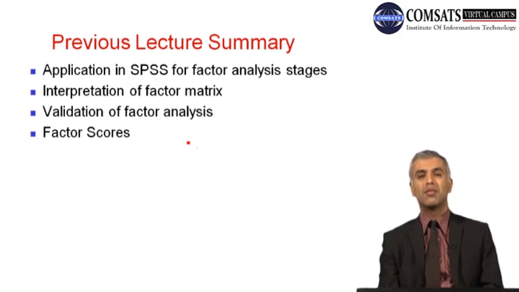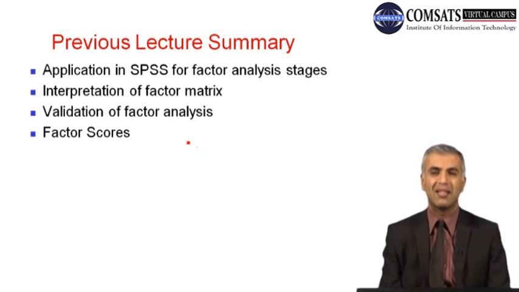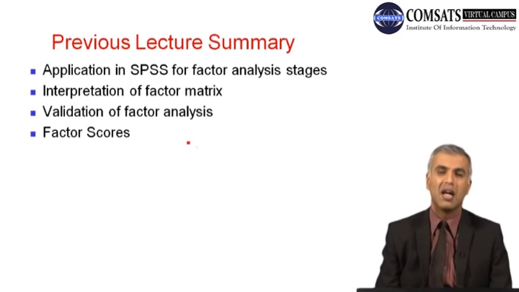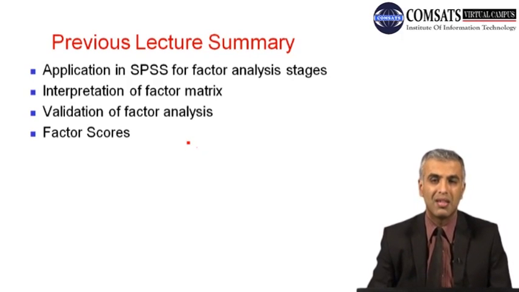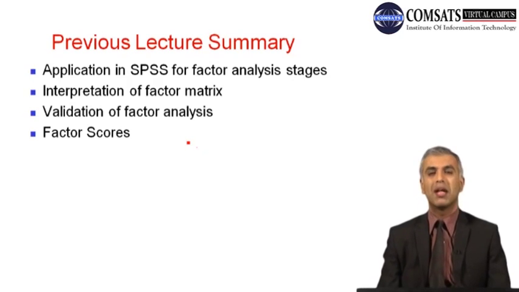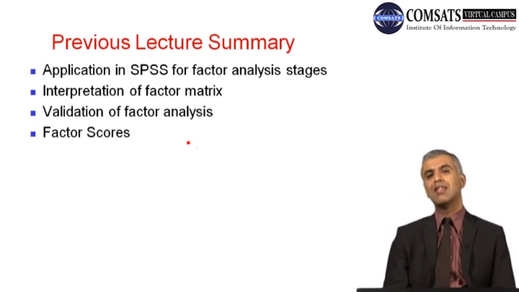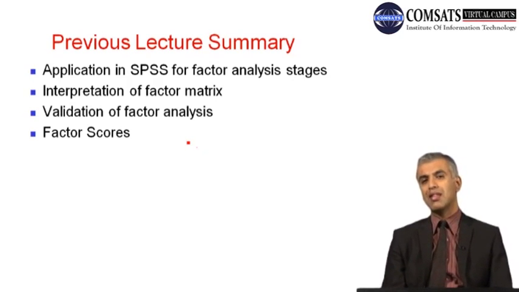There are other types as well, but we are focusing on these two. Then we had a discussion about how this rotation works, and we discussed the types, including Varimax, Quartimax and Equimax methodology, and their advantages and disadvantages.